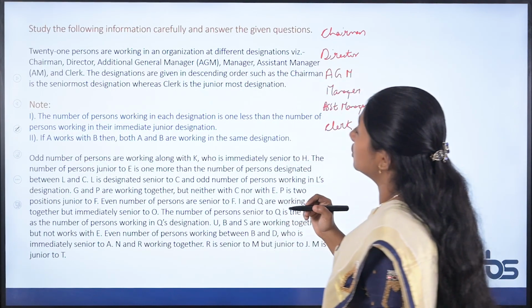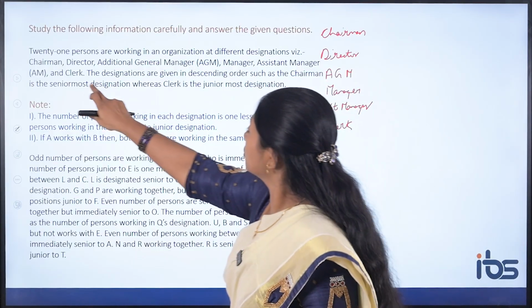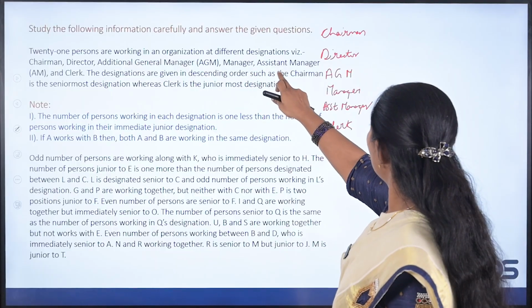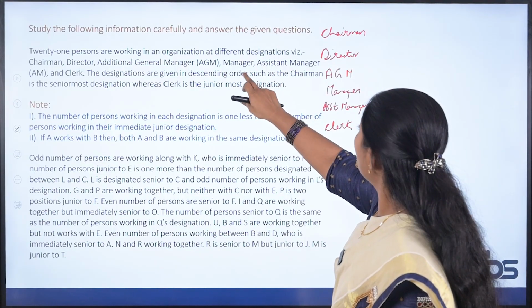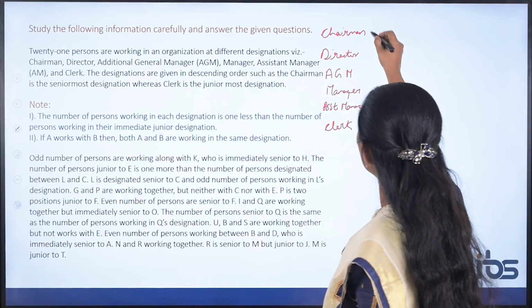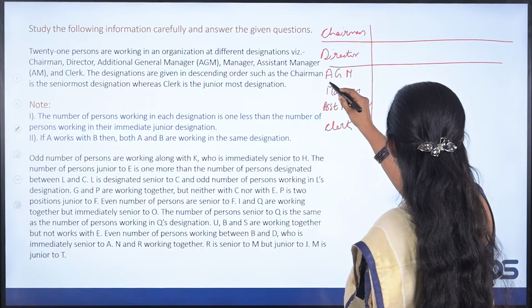So how many designations do we have? 1, 2, 3, 4, 5, 6. That's it. So this is the designation.